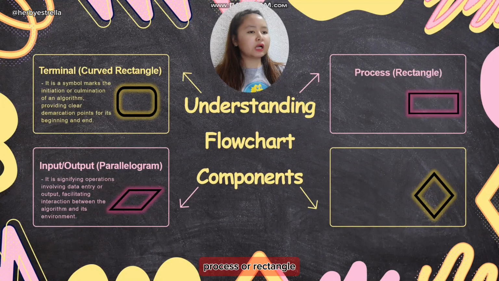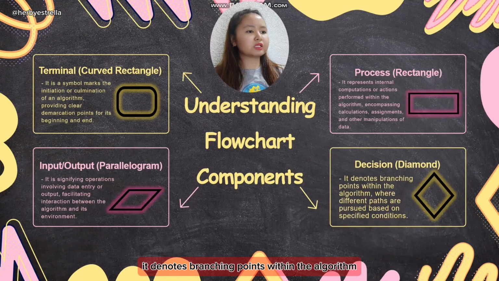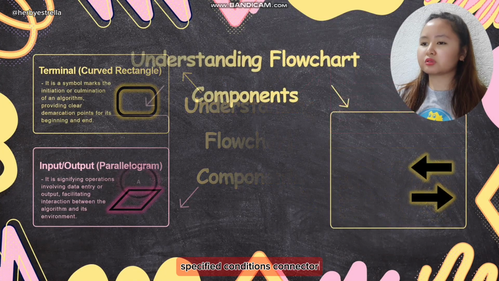Process or rectangle. It represents internal computations or actions performed within the algorithm, encompassing calculations, assignments, and other manipulations of data. Decision or diamond. It denotes branching points within the algorithm where different paths are pursued based on specified conditions.